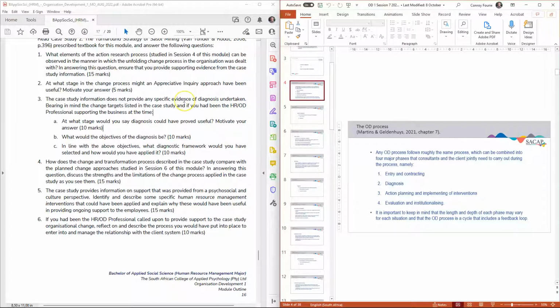Some of these interventions take years, but whether it's 6 months, a year, or 2 years, I can't remember the time frame around the Sasol case study, the OD consultant needs to be able to manage the relationship with the client system. And what is implied here, or even quite explicit, is the OD consultant needs to be able to manage all the stakeholders in the organization.